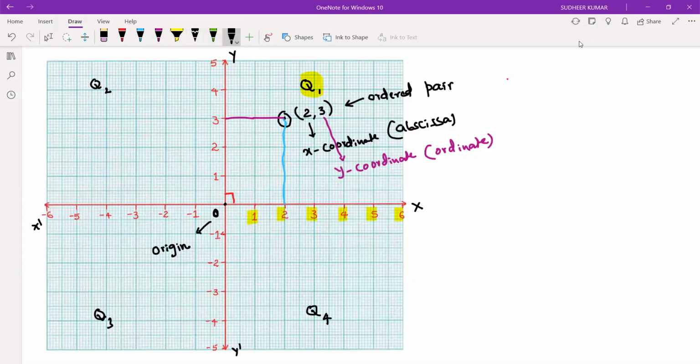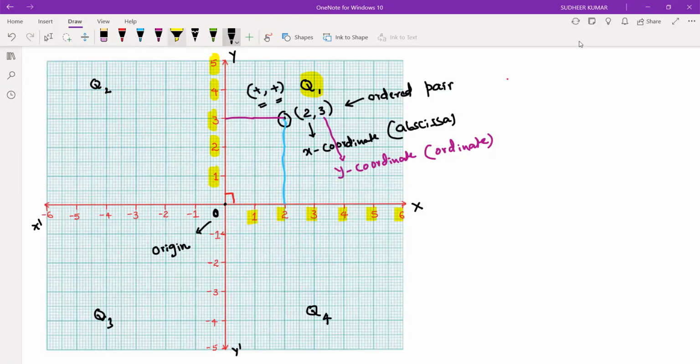So in an ordered pair in the first quadrant, the sign of the x coordinate is positive. And even on the y-axis, all are positive. So this is also positive. So both coordinates are positive in the first quadrant.